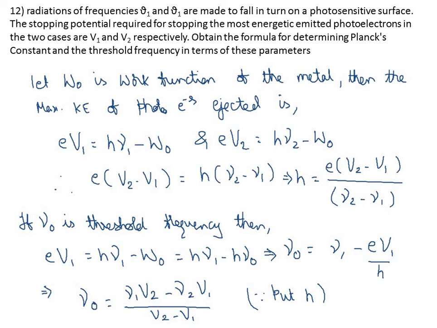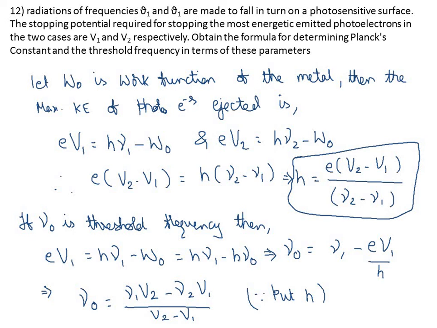Remember this equation, you may get it in separate kinds of problems too, where the stopping potential values and the frequencies are given. At that instant you can find the Planck's constant too, separately as a problem. Now if nu naught is the threshold frequency, then eV1 equal to h nu1 minus W0, and W0 is nothing but h nu naught.